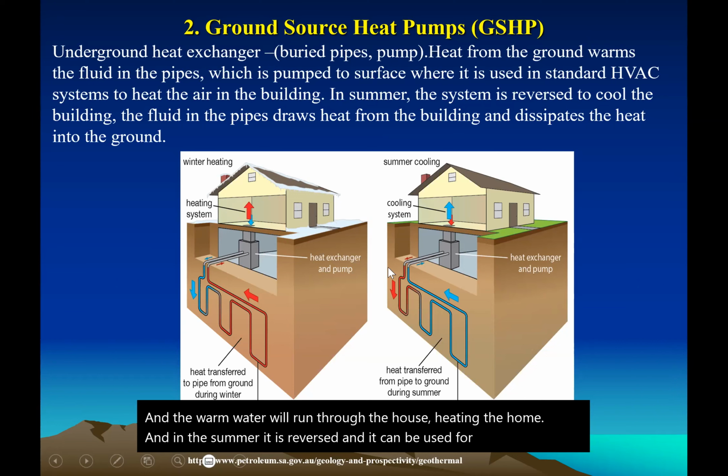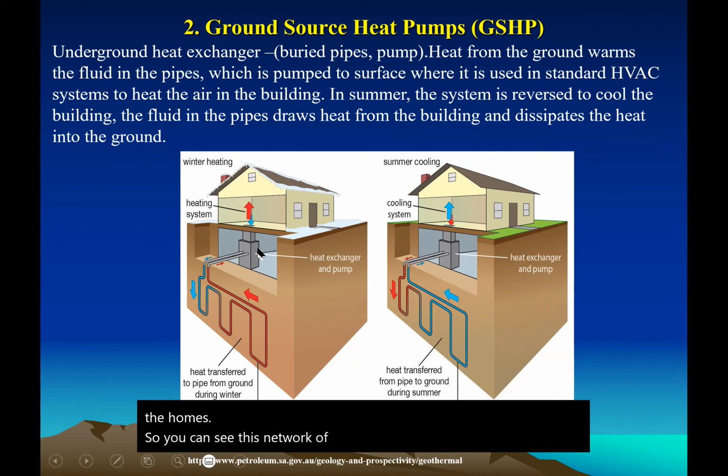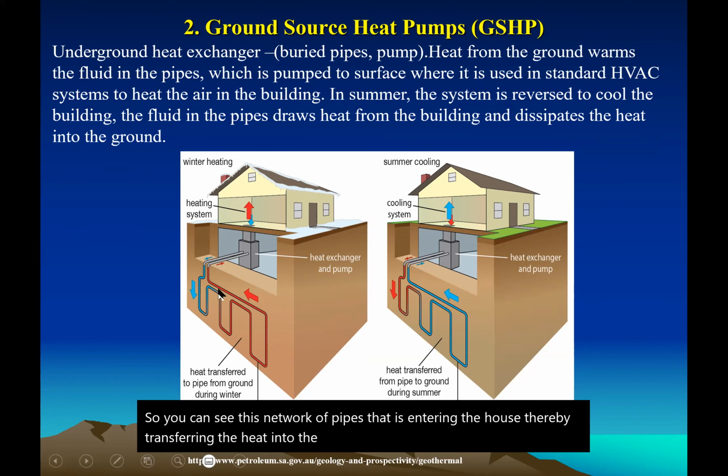Here we see an example of geothermal energy used for heating and cooling homes. You can see this network of pipes entering the house, thereby transferring the heat into the house. A pump will be used to make sure it's pumped throughout the house.